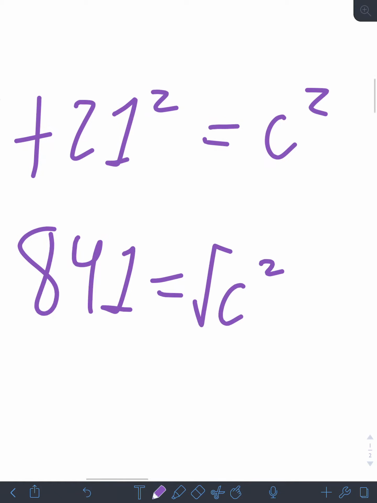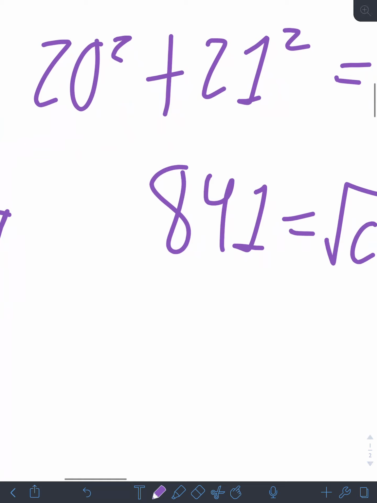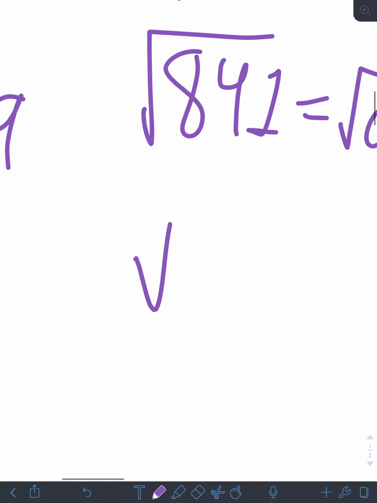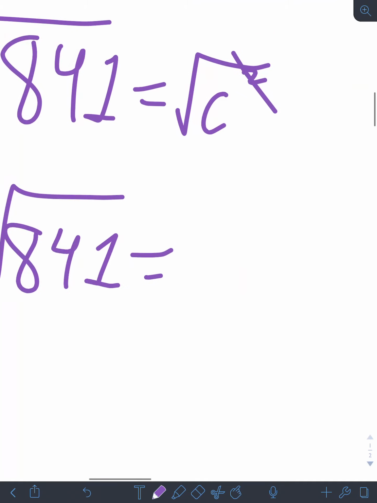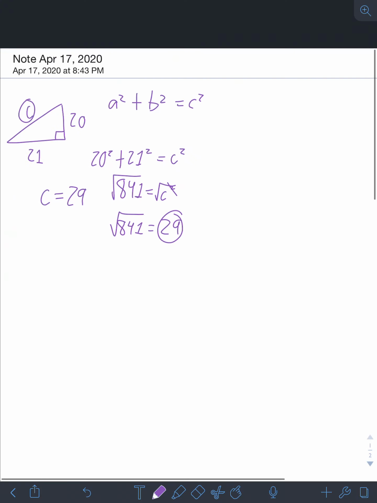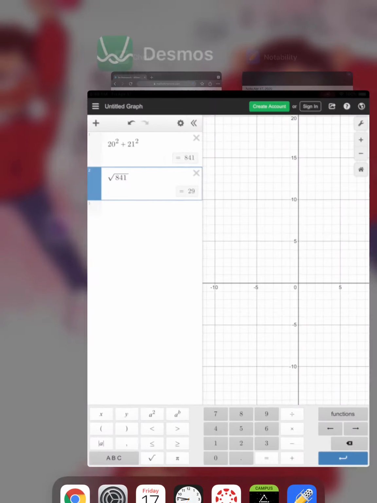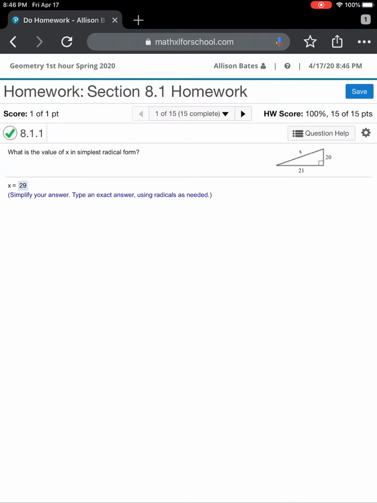And then to get rid of that square sign, we're going to take the square root, and that equals 29. So c would be 29. Okay. So as you can see, that's my answer right here. So I'm just going to hit save. That's how you do that.